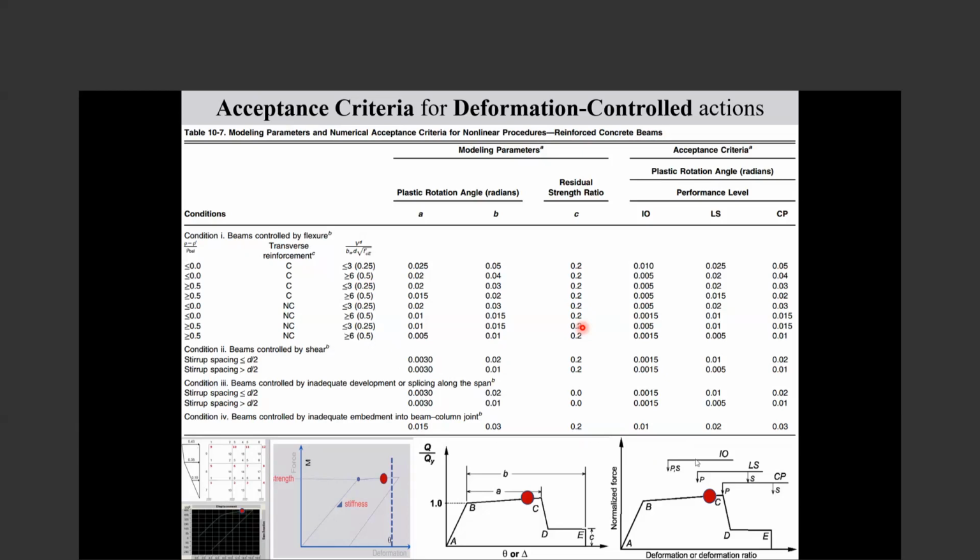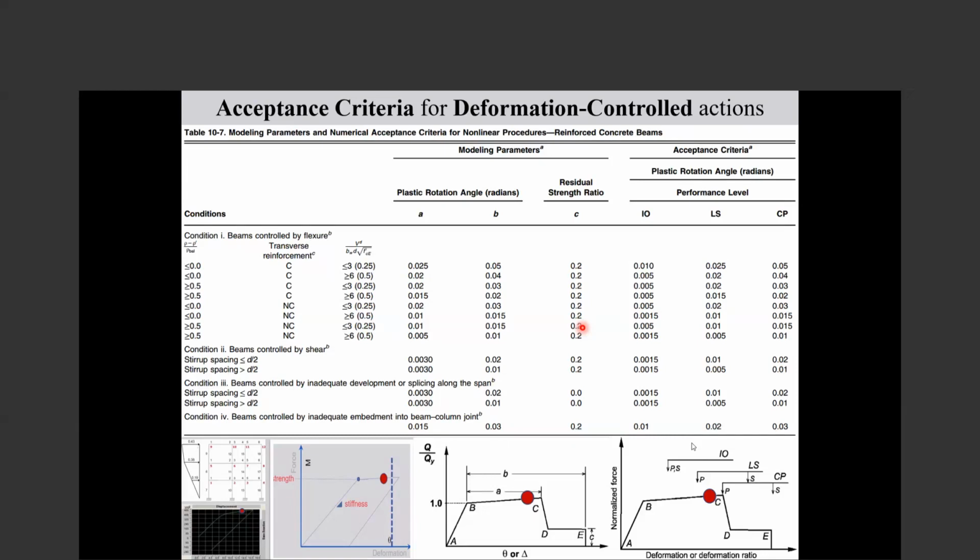Please give us information about the beam column joint modeling in nonlinear static procedures. In general, the approach in these existing building codes is they give you minimum requirements and the tools, but for much more advanced modeling.